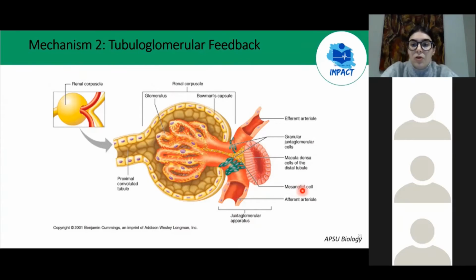So the key things that I want you to know within this apparatus is two special cell types. The first special cell type is these cells called macula densa cells. So that's these guys right here, the macula densa cells. And they're really specialized chemoreceptor cells, so they're very sensitive to changes in the concentration of the filtrate.